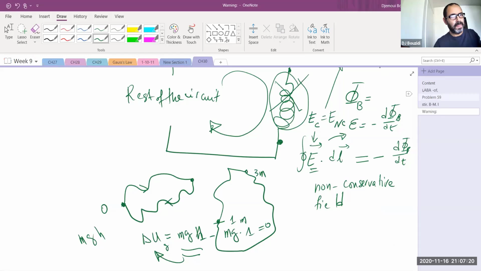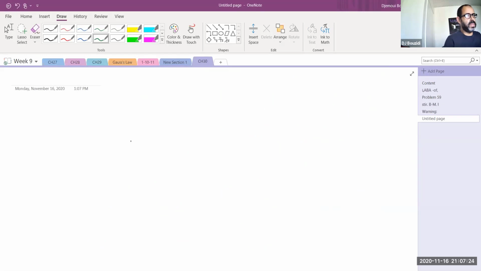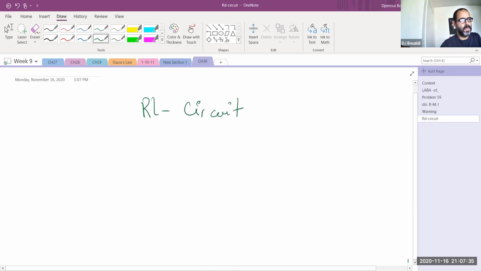Having said that, we're going to go to the RL circuits. So this is the RL circuit. So the first thing I'm going to do in this case is I have a DC power source. I have a battery, a normal battery that we've been dealing with.